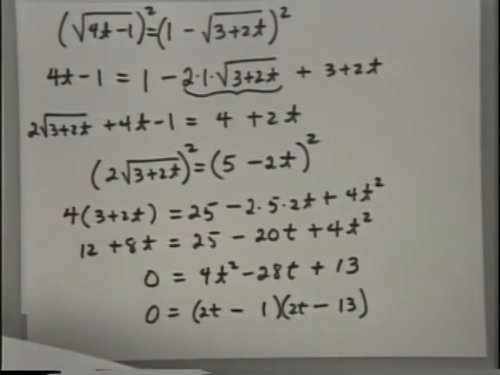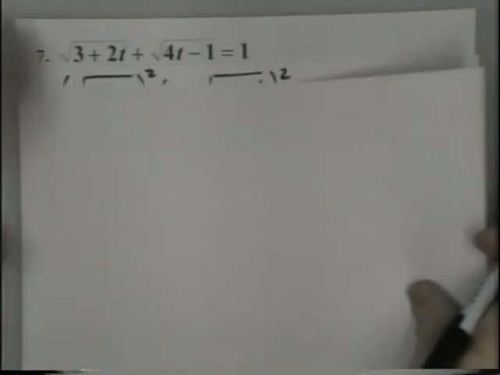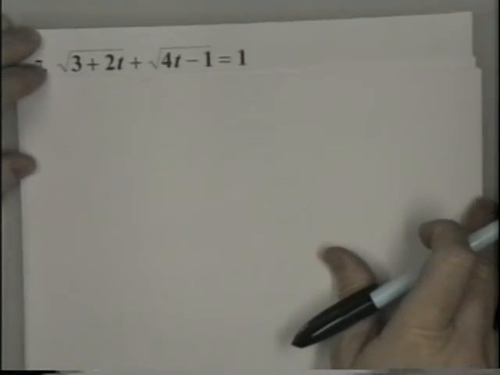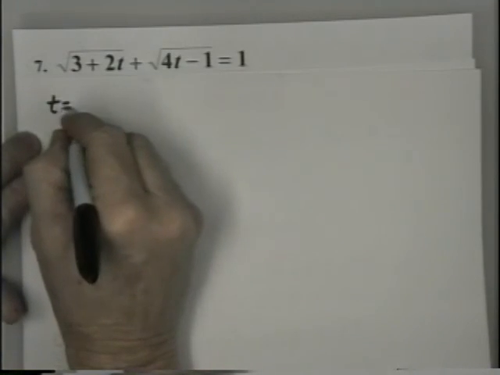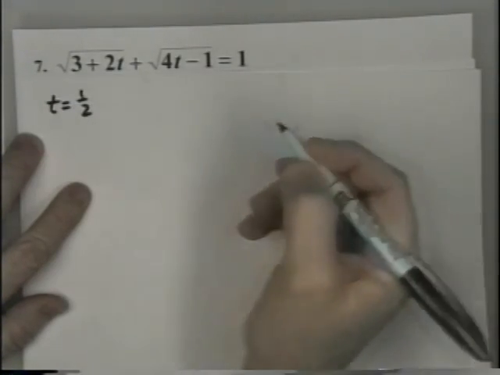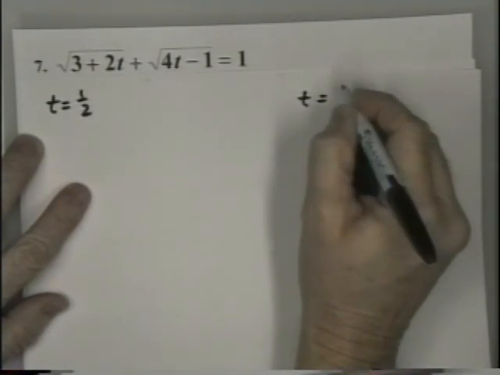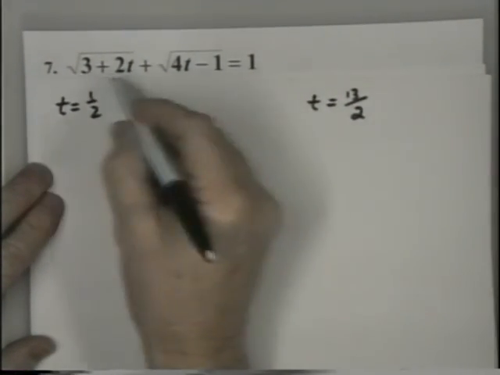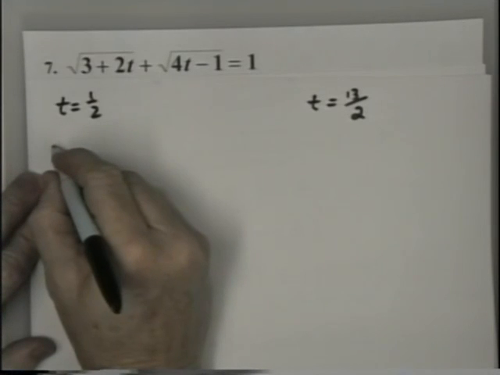So we go back to the original equation. Here it is. And all I want to know is, is t equal to 1/2, or is t equal to 13/2 a solution? And I've got to substitute back into the original equation.